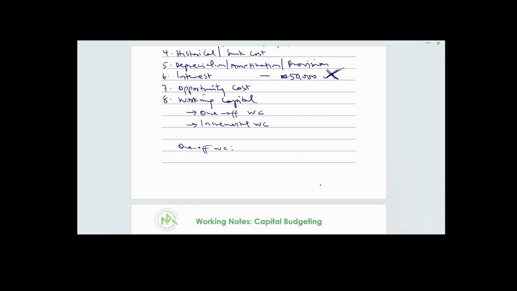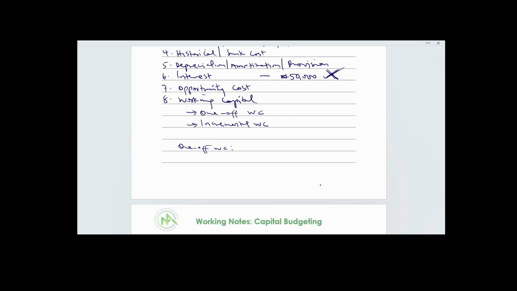I repeat, in the determination of financial viability of a project, if a one-off working capital is given, it should be treated as cash outflow in the year before the year of occurrence and recovered fully at the end of the useful life. What do I mean by that?